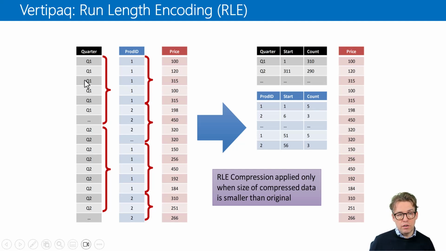For example, if you have a lot of Q1s, it just has to track the first position and how many rows you have for Q1, and then the second position, 311, how many rows you have for Q2, and then inside that ordering we have product ID 1, 2, so here we have like 5 1s and 3 6s and so forth. So this has a very good compression ratio, this a little bit less and this not so good. Maybe because the prices are so different it cannot compress it at all.